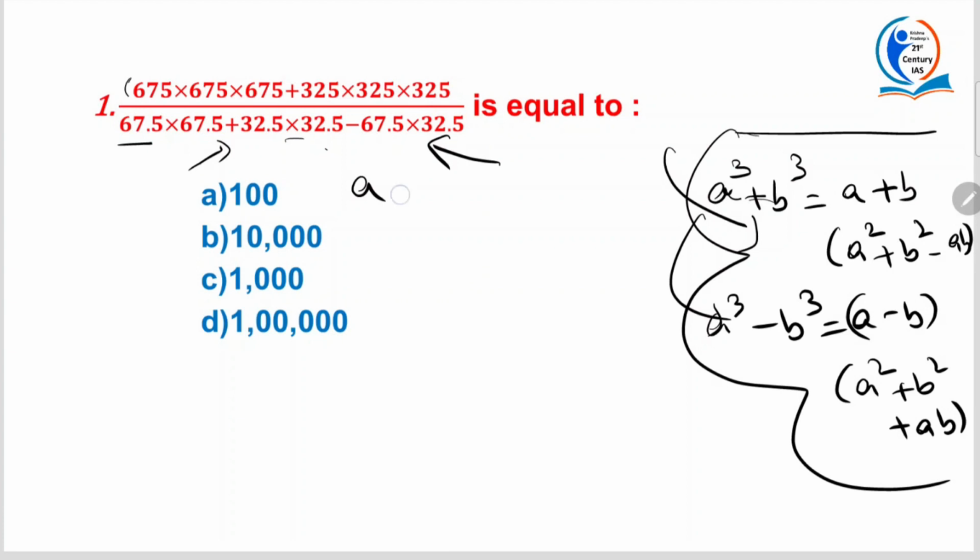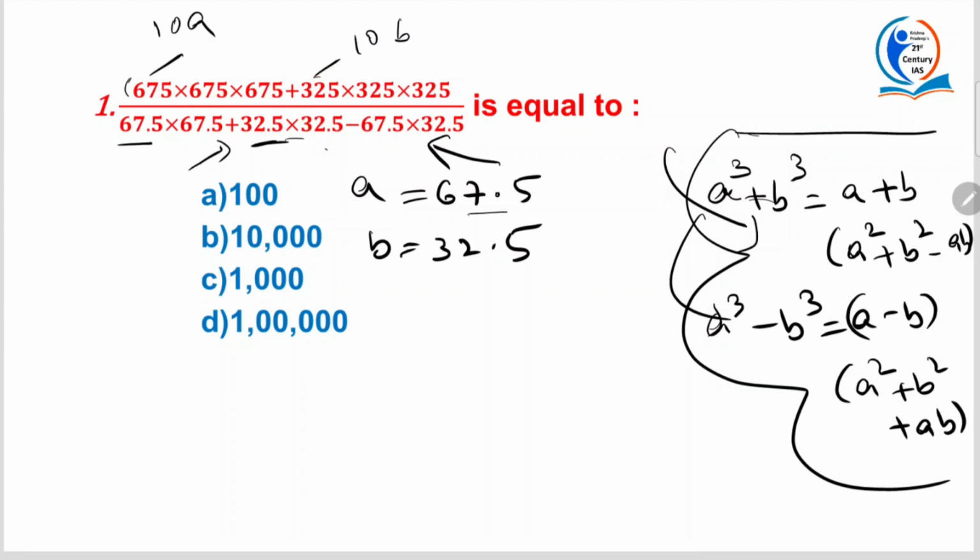So, if you take a is equal to 67.5 and b is equal to 32.5, why am I taking this and why didn't I take 675? Because this one can be written as 10a. 10 into 67.5 is 675, right? And this 325 can be written as 10b.